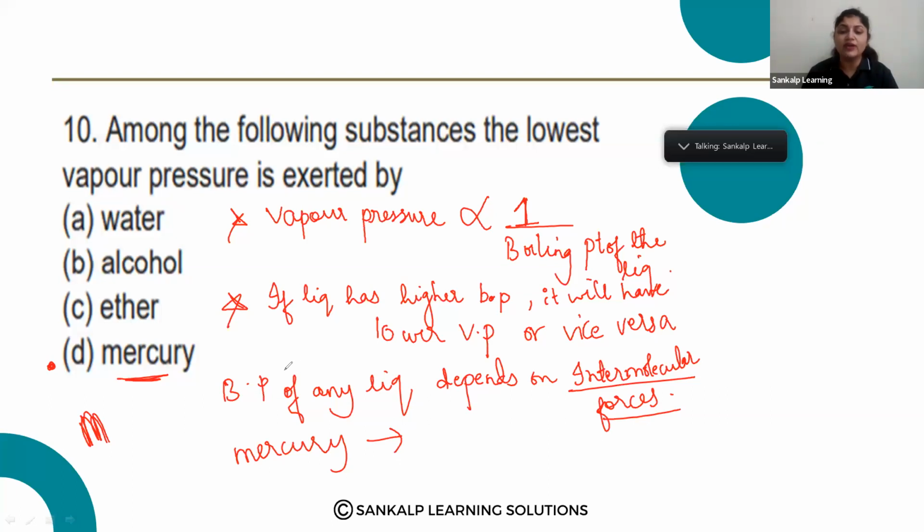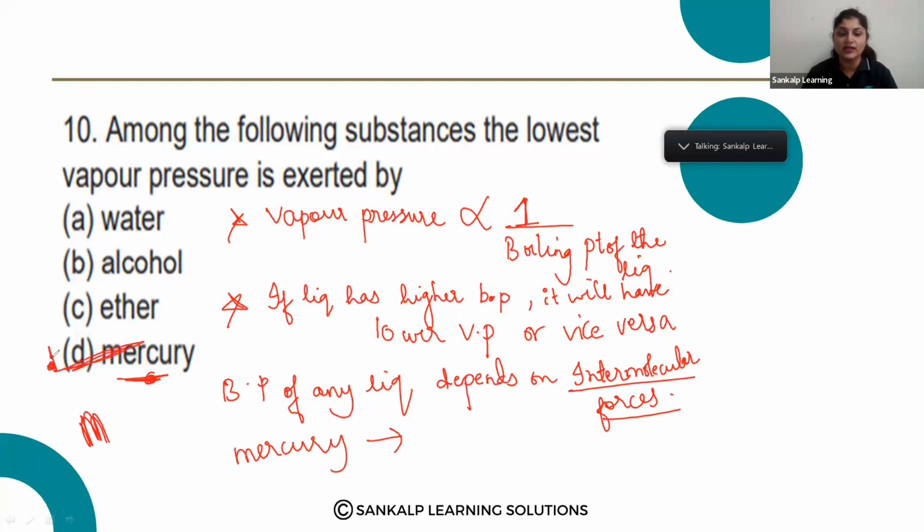Whenever you have a high boiling point, what will happen to vapor pressure? Vapor pressure will be low. So here, mercury will have a higher boiling point, and the other three will have a lower boiling point. Because mercury shows a high boiling point, it will show the lowest vapor pressure.